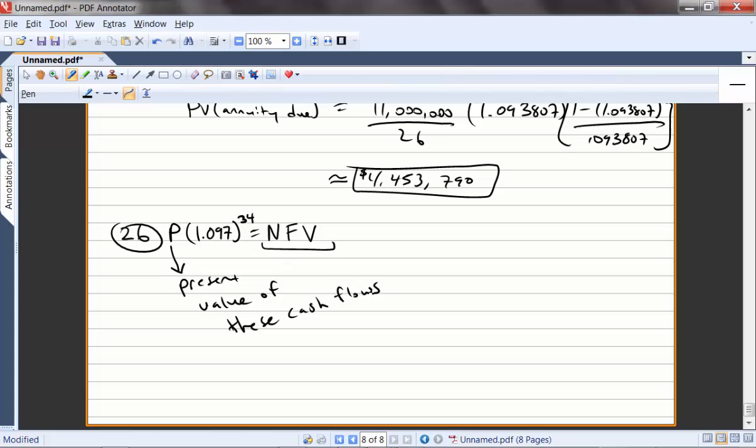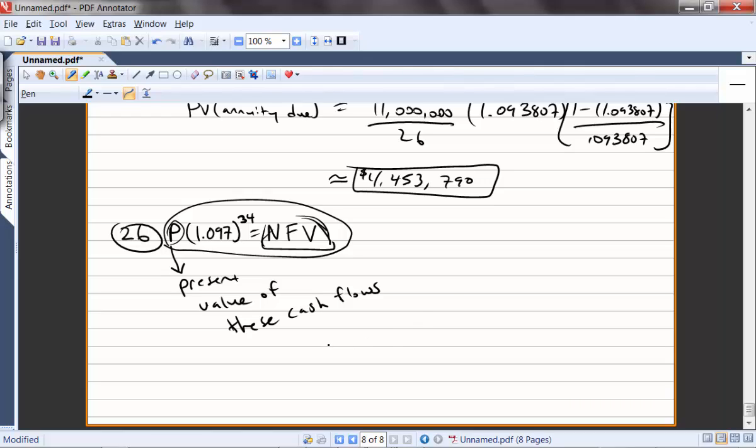It's just we don't have the future value shortcut. And I haven't really taught you how to do the future value by hand if it's different numbers, if it's not an annuity. So we can recognize that you're indifferent between these two, right? And this P is the present value of these cash flows. So all we have to figure out is the present value of the cash flows multiplied by 1.097 to the power of 34. And that is going to be that future value, the value of that account at the end of 34 years, which is what they're asking for.